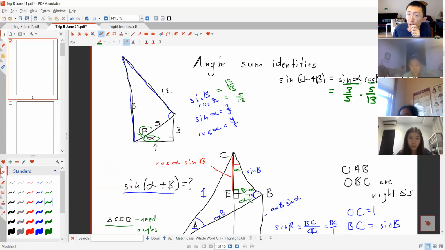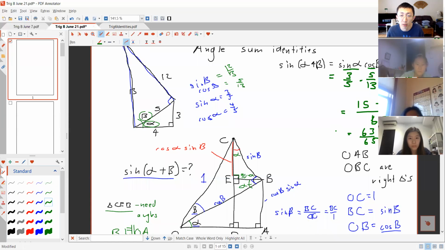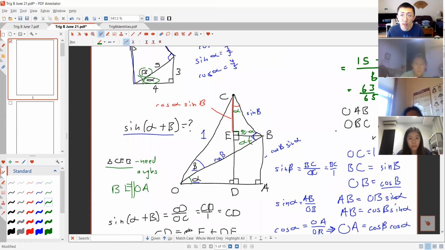I just wrote them down, so we can just substitute in. So that's 15 plus 48 all over 65. So the sine of the sum would be, what is that, 63/65. Okay, so you can use it to compute the sine of the sum of two angles.